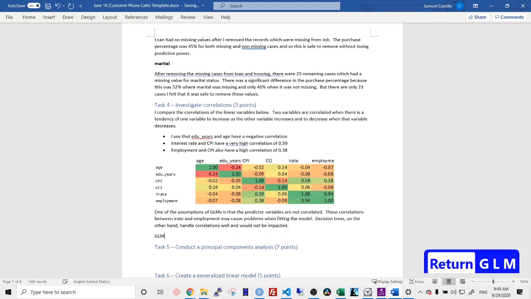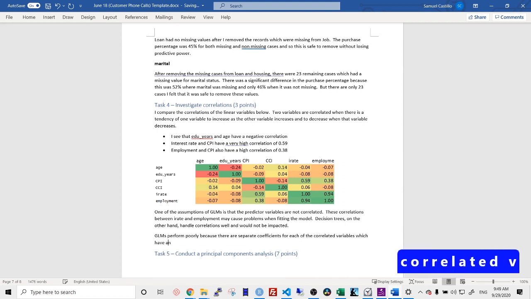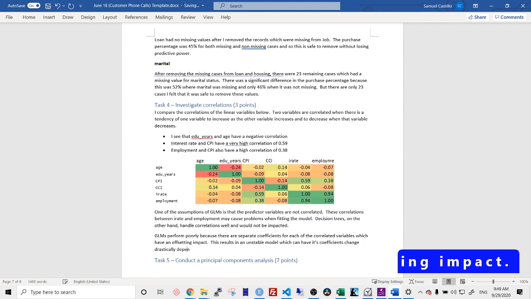So GLMs perform poorly because there are separate coefficients for each of the correlated variables which have an offsetting impact. This results in an unstable model which can have its coefficients change drastically depending on the training split. The p-values for the correlated variables will likely be large.